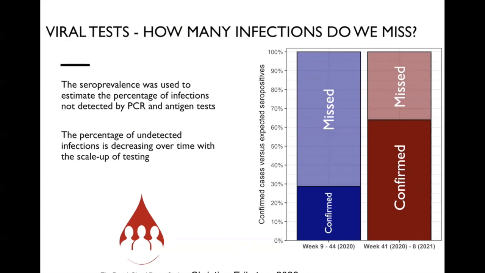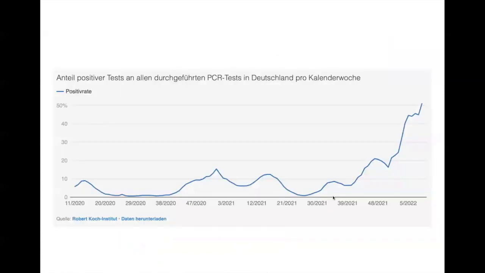How many infections do we miss? You can test it with other results, for example how big the underreporting is in different phases. This is very important because all these factors in the pandemic have changed a lot. Sorry for also this slide with a German title, but it tells you the proportion of all PCR tests done in Germany per calendar week which were positive.